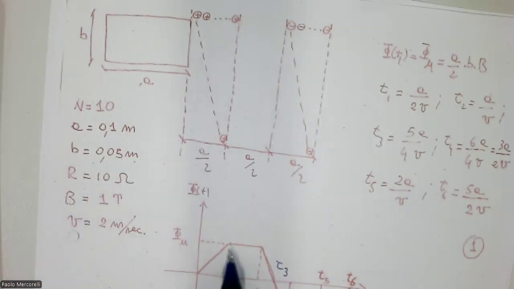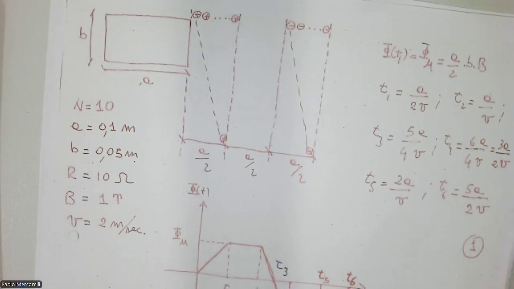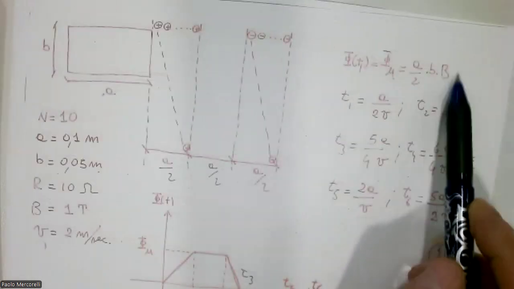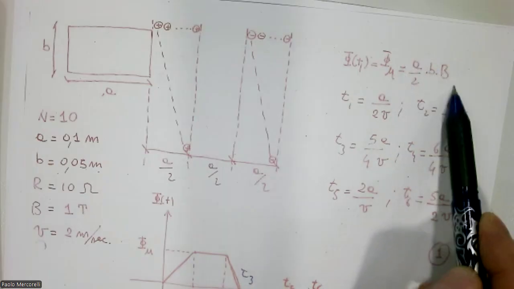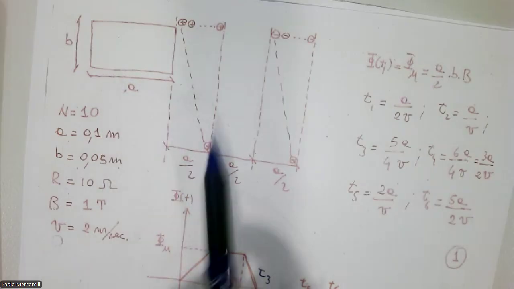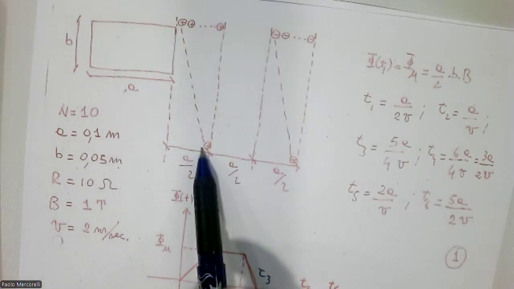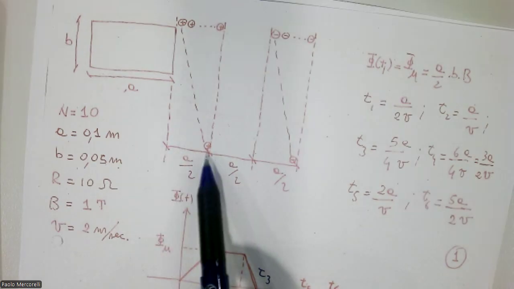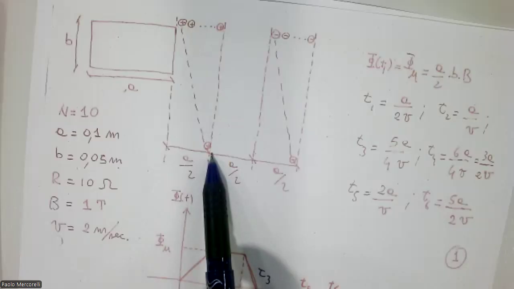Because we have the maximal flux with the same value as before. Where did I calculate it? I put it, yeah. Even though now we don't have A divided by 2, the effective surface is determined by this.